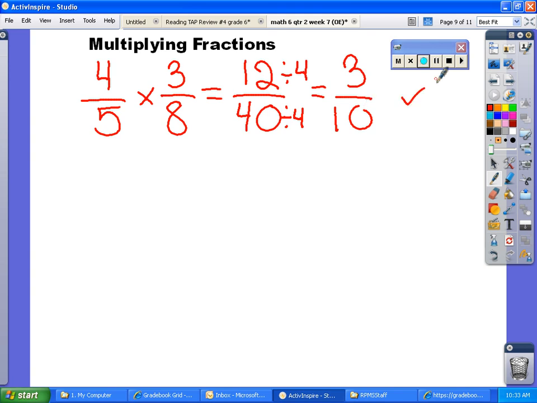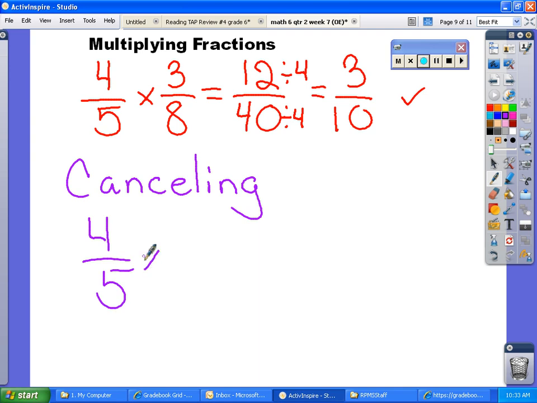I'm going to now go ahead and do it using canceling. So I'm going to rewrite my problem. 4/5 times 3/8. Now I'm looking for two numbers, a numerator and a denominator. It can't be two numerators. It cannot be two denominators. It must be a top and a bottom number.